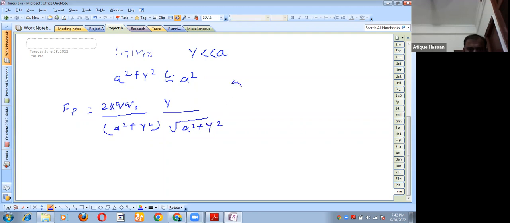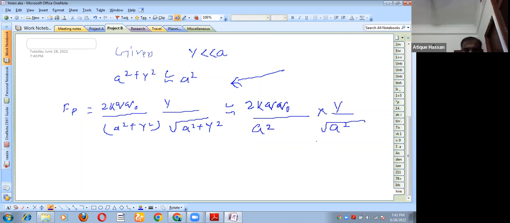So we will use this approximation, and the value will be approximately equal to 2kq naught by a square into y upon a, so it will come as 2kq naught upon a cube into y.